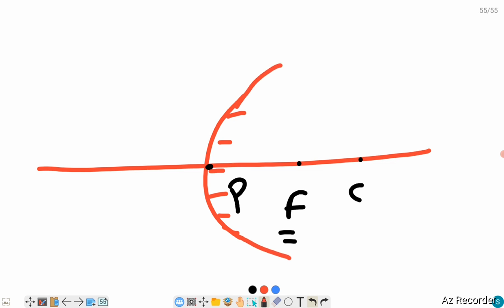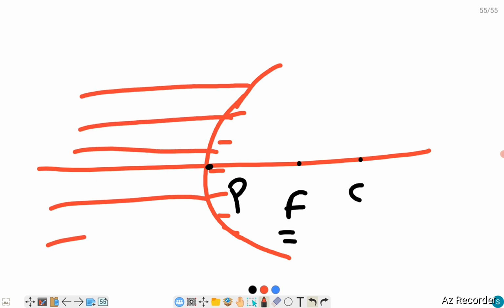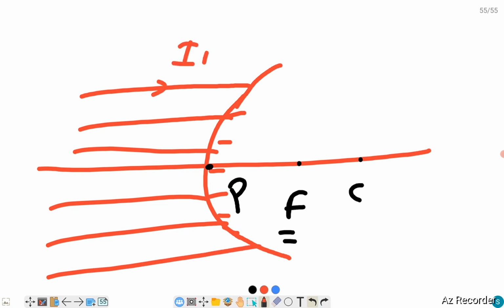Now for focus, same, you have to take rays parallel to the principal axis. Then I1, I2, I3 and I4, only 4 we will take. Then the normal, how do you draw it now? From behind the mirror only we have to draw.